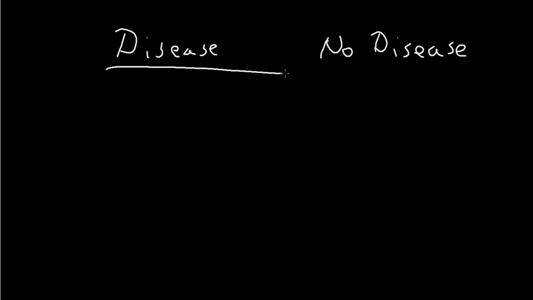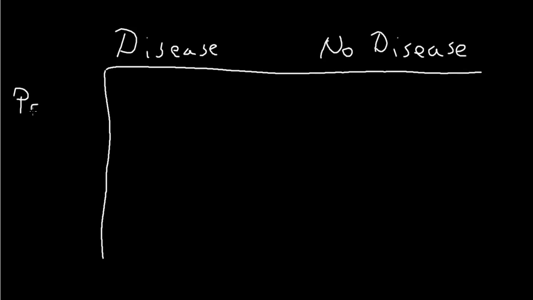So we're looking at patients with disease versus no disease on this axis coming across the top, and then going across the y-axis we have patients with a given test who test positive versus negative.